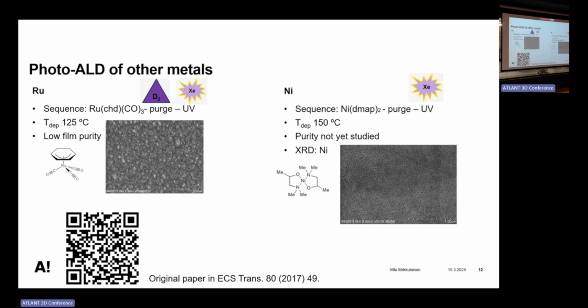And then we explored quite a lot of different metals. We're aiming at depositing them with this approach. Somewhat we were successful with ruthenium, and this worked with both of these lamps. We had a precursor that contains ruthenium in oxidation state 0, with a cyclohexadiene ligand and three carbonyls connected to that.